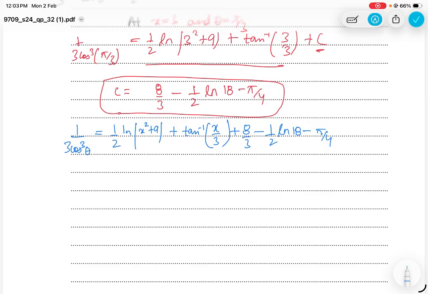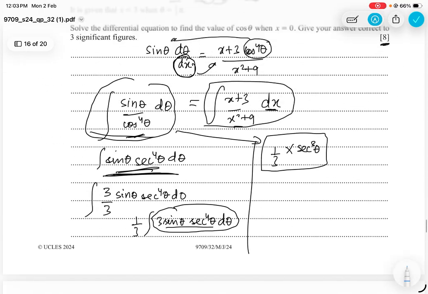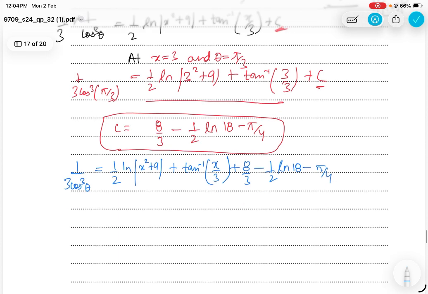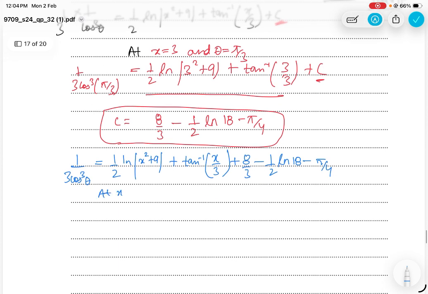Yes or no? Now, we have to find the value of cos theta when x equals 0. So put x equals 0.